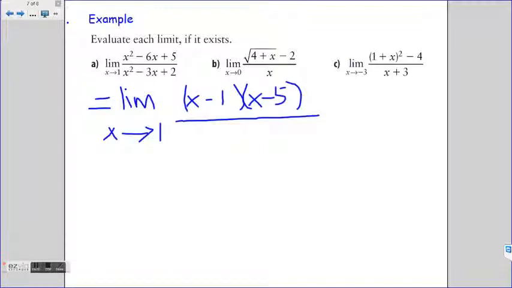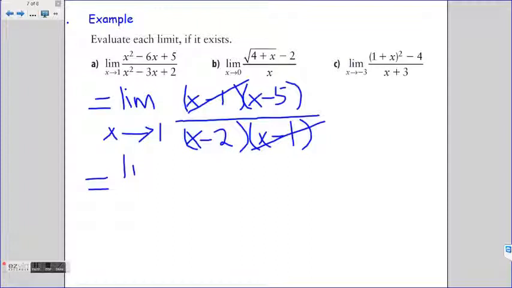Do the same thing with the denominator. x minus 2, and x minus 1. Look, these 2 brackets cancel out, and then I just want to rewrite it again because it helps me to keep track of what I've canceled and what I'm left with.